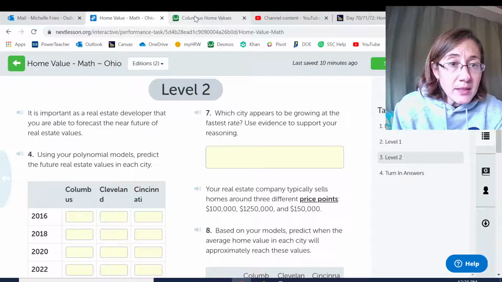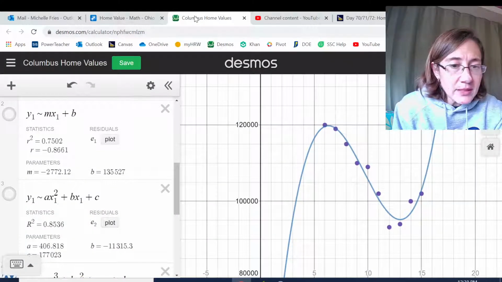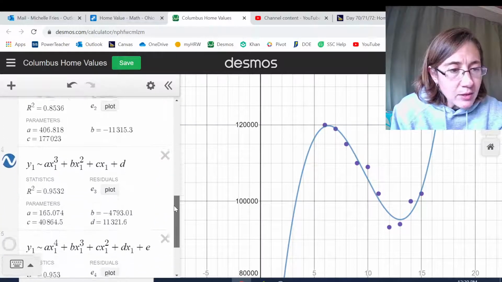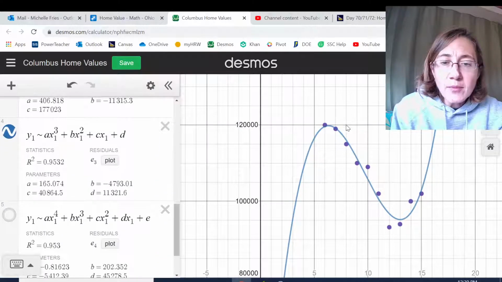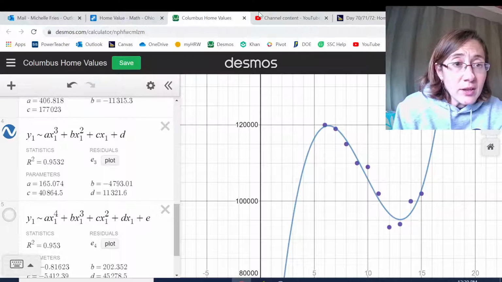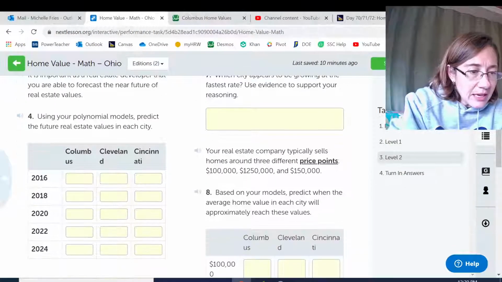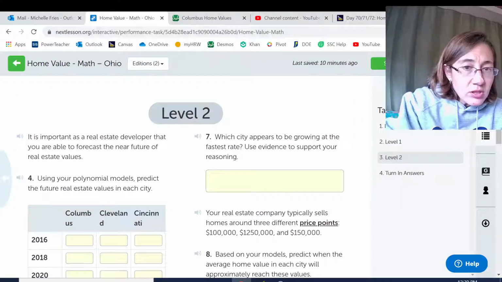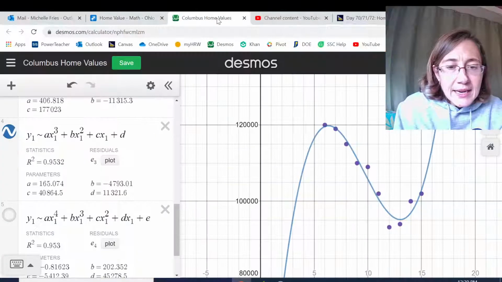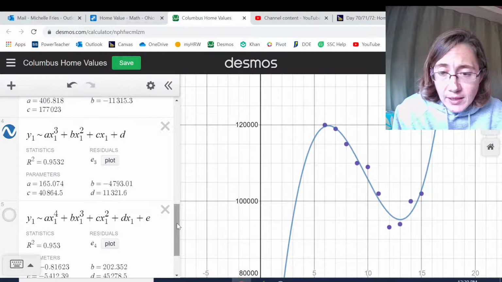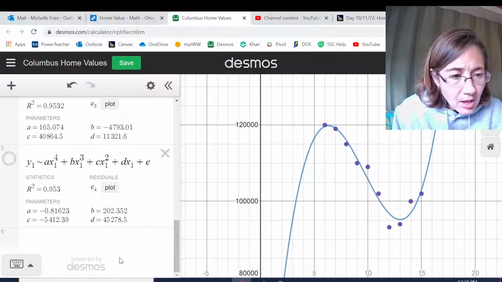So I have Columbus still pulled up here on Desmos, and I have the cubic model turned on, because that's the one that I chose yesterday. I want to look at, I think it asked for 2016, 18, yeah, so the even years here. I can show you two ways to do this.